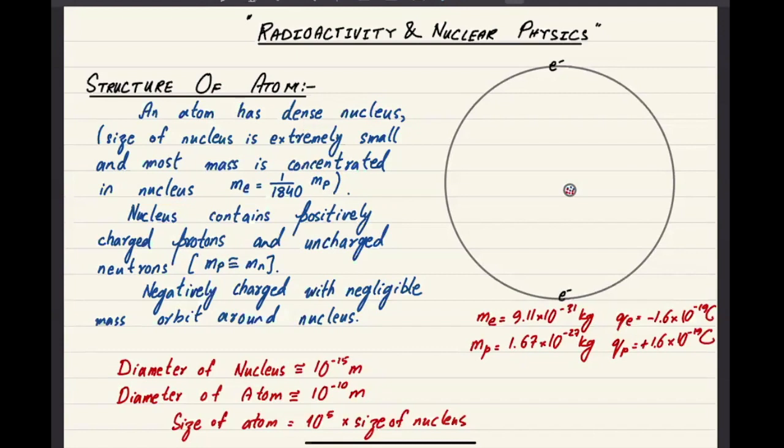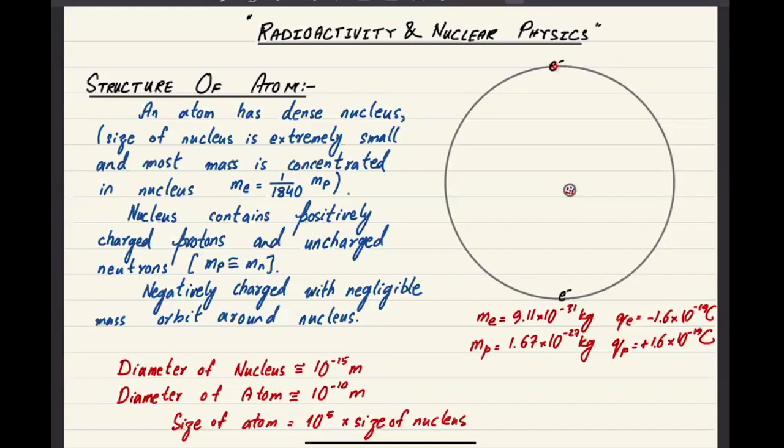And then the other thing you need to identify is that the charge of the nucleus is positive and the charge of the electrons is negative, because the nucleus contains protons and protons have a positive charge, and neutrons have no charge. Therefore, the total charge of the nucleus is positive. And there are electrons with negative charges orbiting around the nucleus.